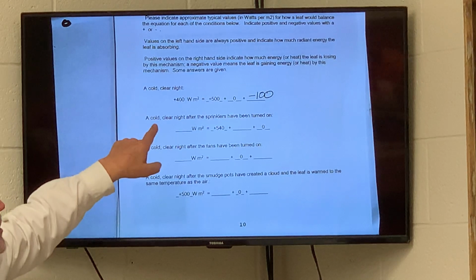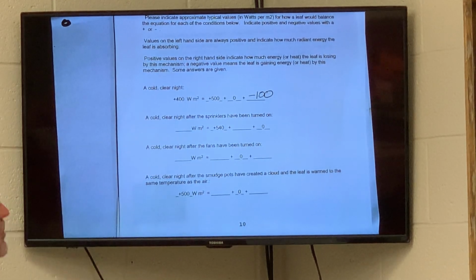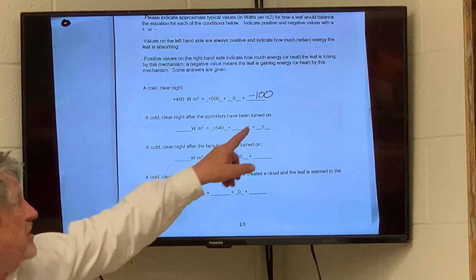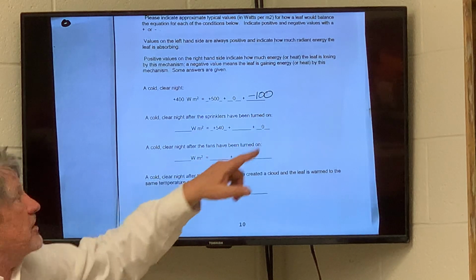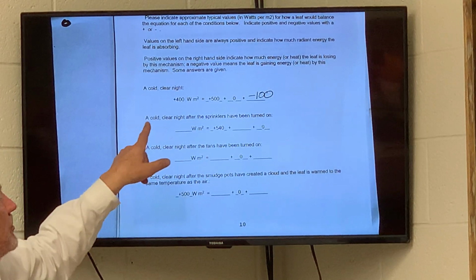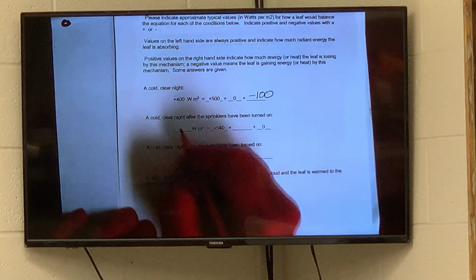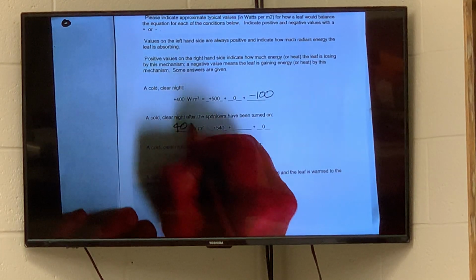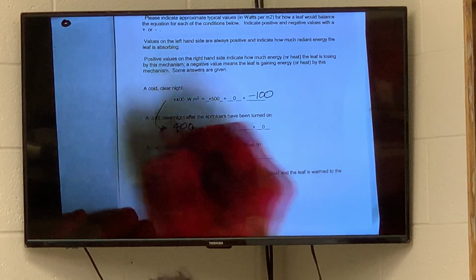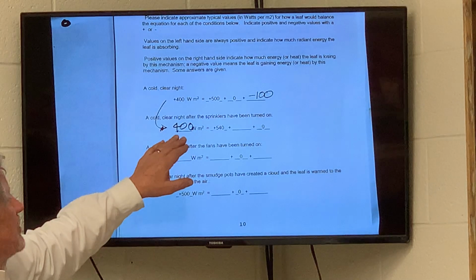So that's the first answer. Now, we also have a cold, clear night, and the sprinklers have been turned on. In this case, we could have a radiation frost, but if it's still a cold, clear night, this is the same. It's still 400 watts.